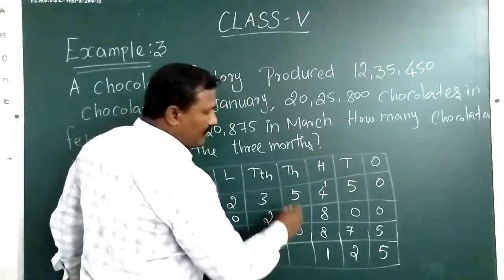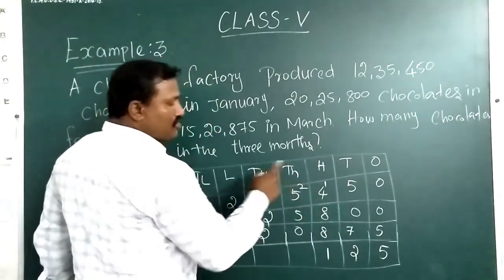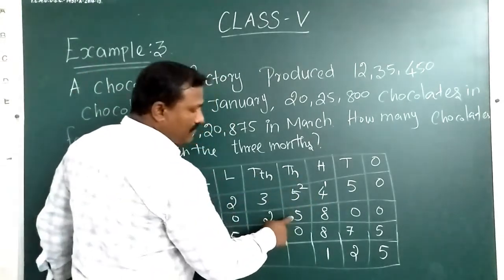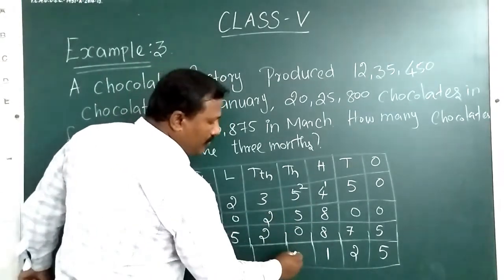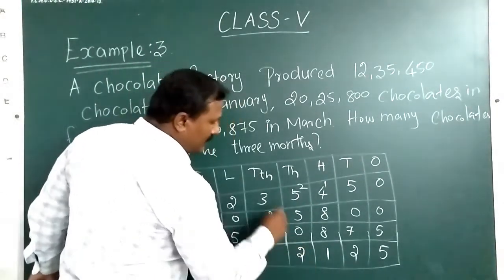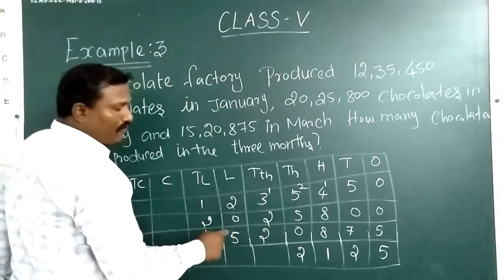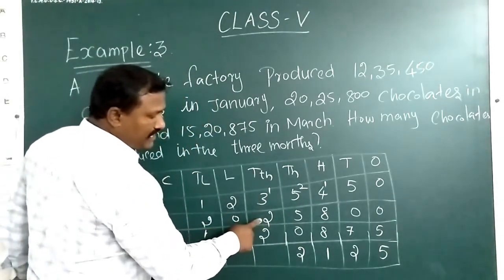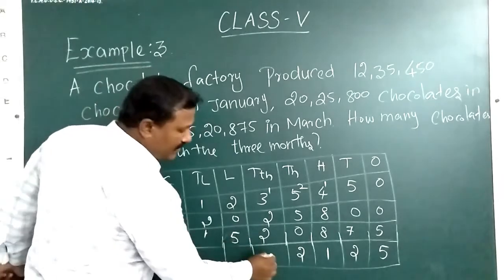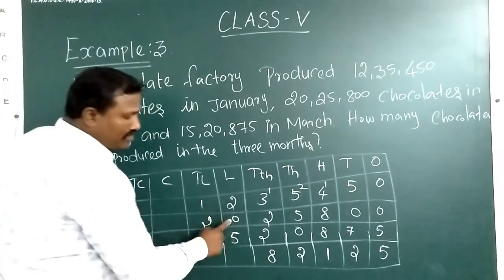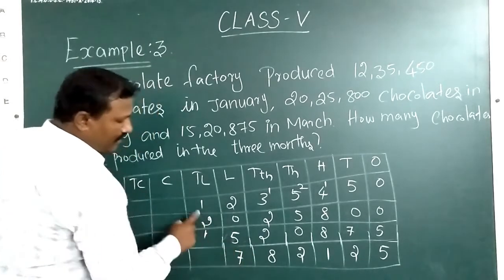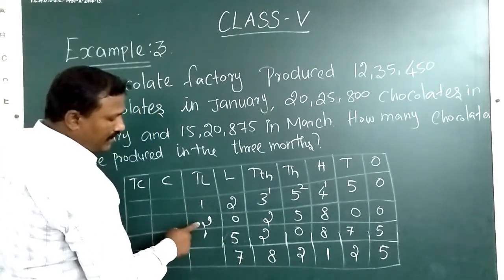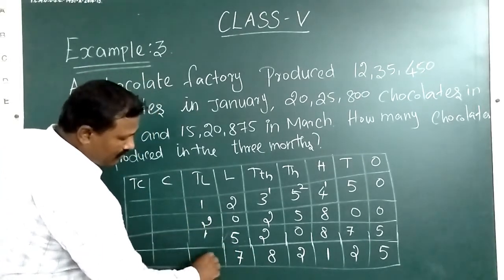So 1 here, 2 remainder. 5 plus 2 is 7, 7 plus 5 is 12, 12 plus 0 is 12 only. So 2 here, remainder 1. 3 plus 1 is 4, 4 plus 2 is 6, 6 plus 2 is 8. Then 2 plus 0 is 2, 2 plus 5 is 7. Then 2 plus 1 plus 2 is 3, 3 plus 1 is 4.